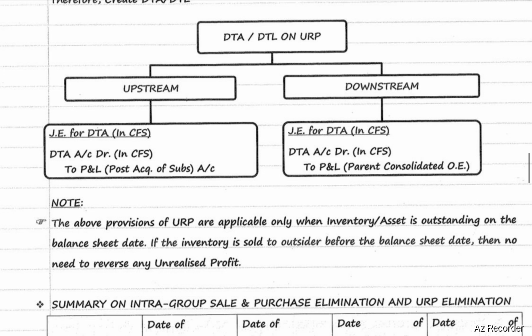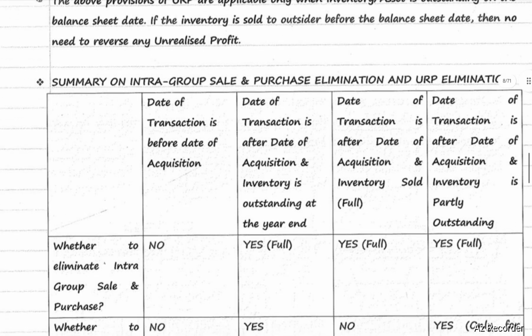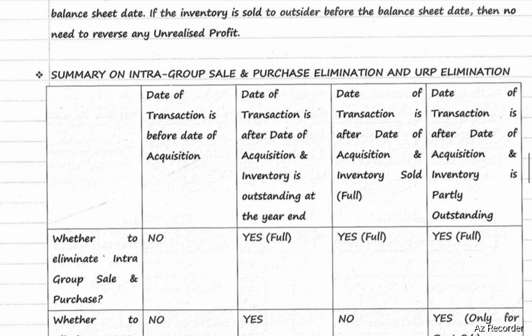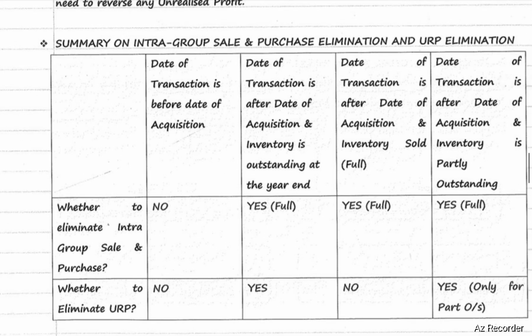Summary of intragroup sale and purchase elimination and unrealized profit elimination. First one, whether to eliminate intragroup sale and purchase. In case date of transaction is before date of acquisition, no need to eliminate. In case date of transaction is after date of acquisition and inventory is outstanding at the year end, we need to eliminate full intragroup sale and purchase.